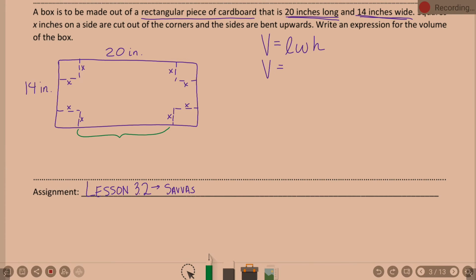It was 20, and what are we taking off? We don't know an exact number. We're taking off X and X. Not X squared, 2X. So your length is going to be 20 minus 2X.